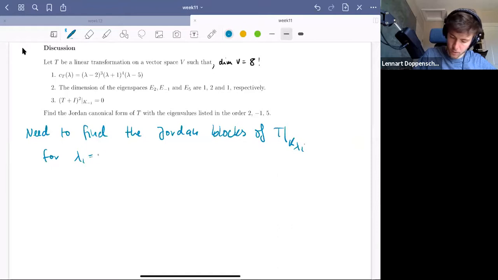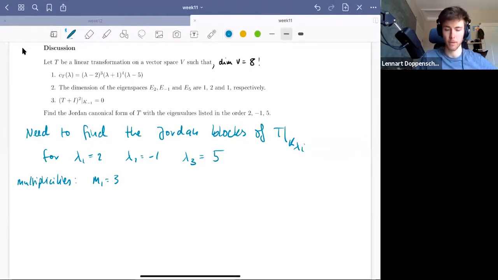Lambda 1 is 2, lambda 2 is -1, and lambda 3 is equal to 5. We can also just notice right now the multiplicities: m1 is 3, so for the eigenvalue 2, the multiplicity is 3. The second multiplicity is 4, and the last one is 1.